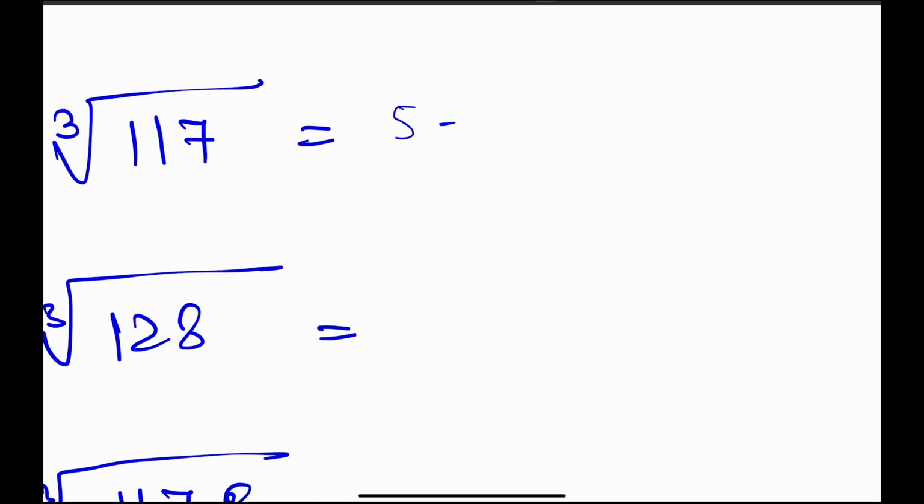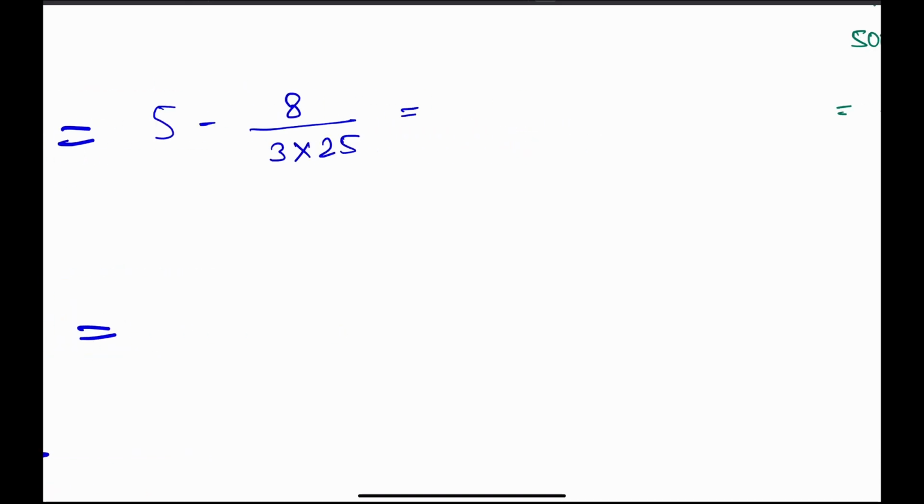So 117, 8 upon 3y square. 3 into y square is what? 25. So according to me, 5 upon 8 upon 75. 1% is 0.1, or 8 or 7.5. How much is left? Then 0.5 is left.